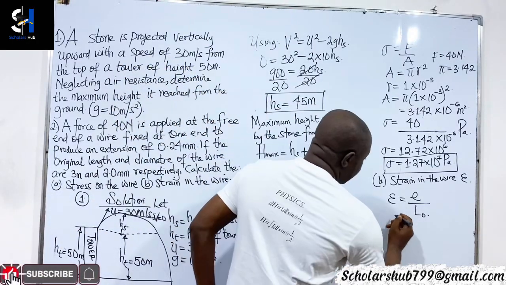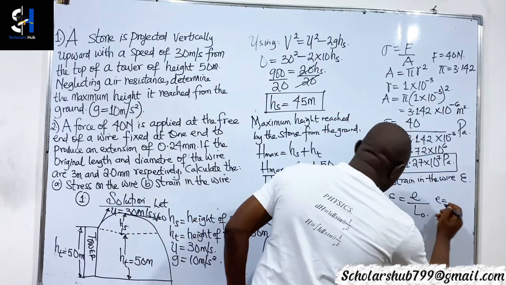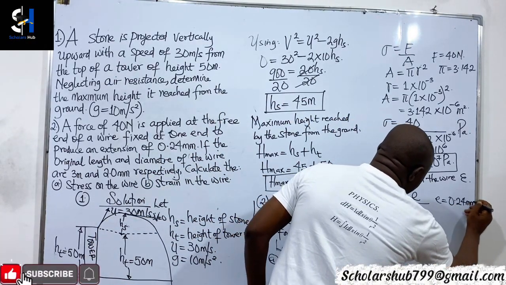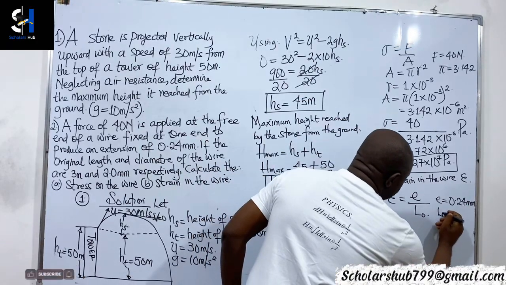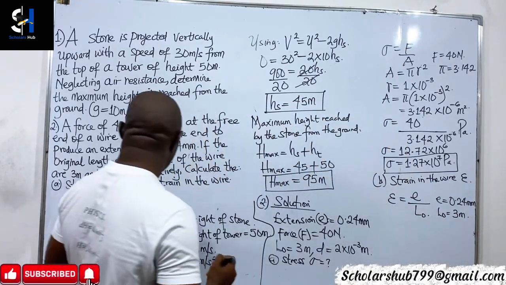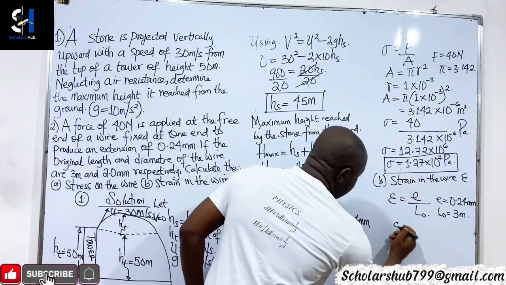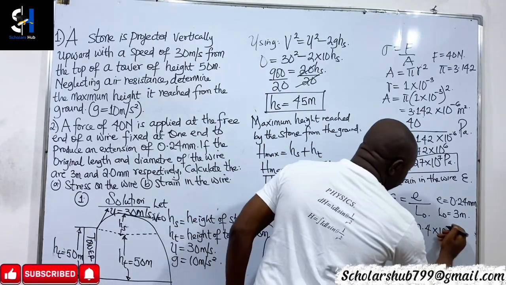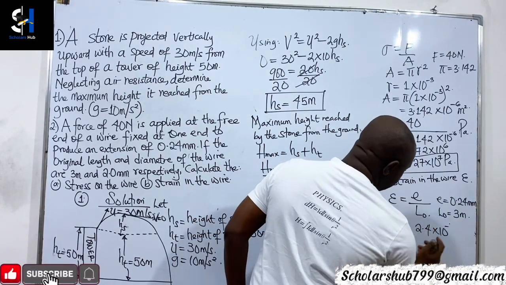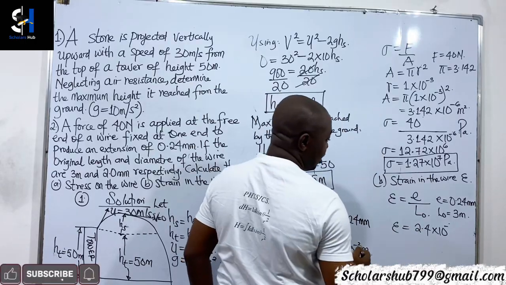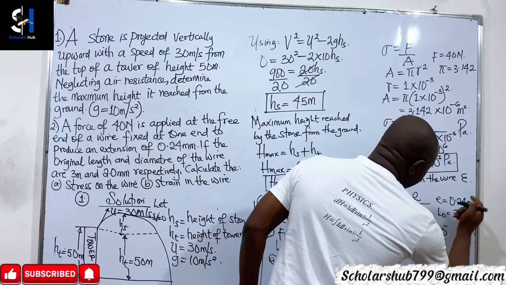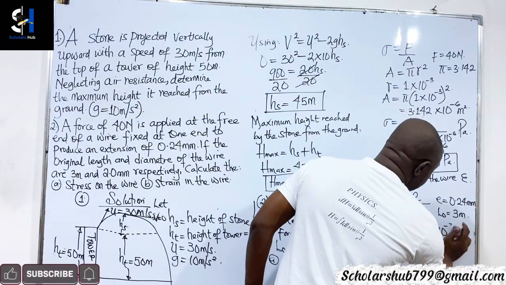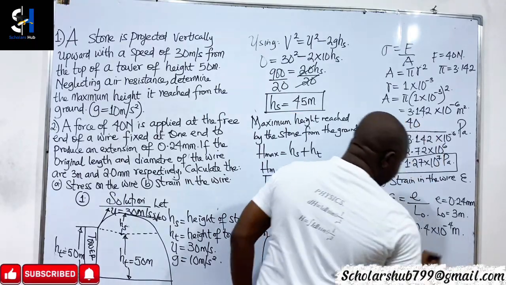All right. So in this case, we know that extension is 0.24 millimeters. Then the original length is 3 meters, which is what we have here. So then we have strain to be 2.4 times 10 raised to the power of minus 4, because 10 raised to the power of minus 3 is milli. So the extension is 2.4 times 10 raised to the power of minus 4 meters.